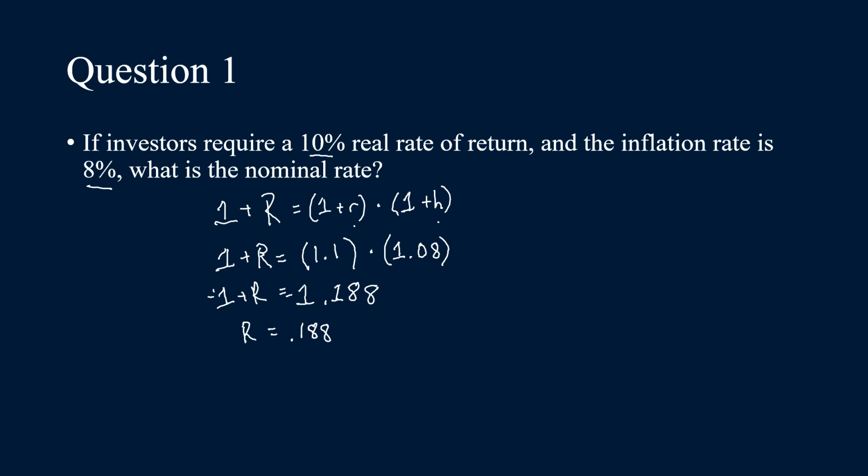And if we convert that to a percentage, that's going to be approximately 18.8%. So we have our investors require a 10% real rate of return. The inflation rate is 8%. And so our nominal rate, that is what our investment is predicted to be, is going to be 18.8%.